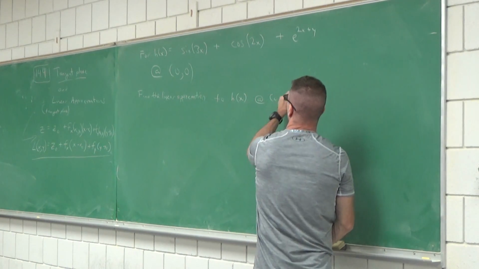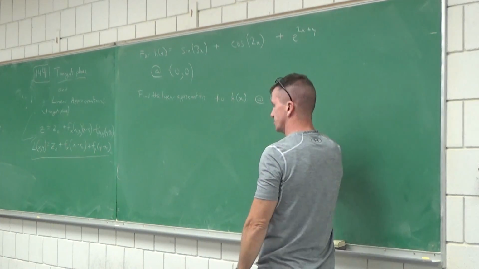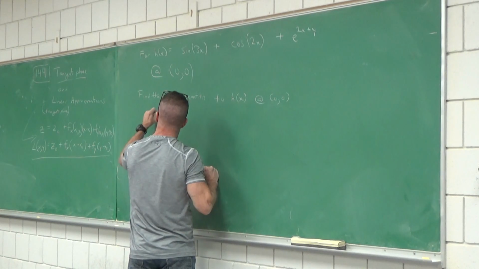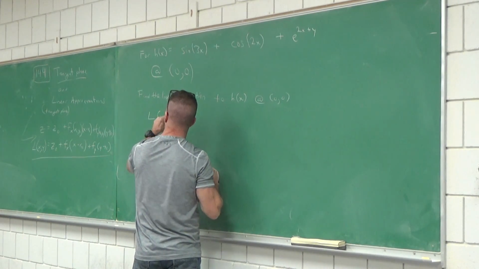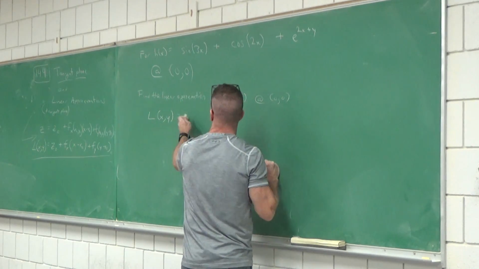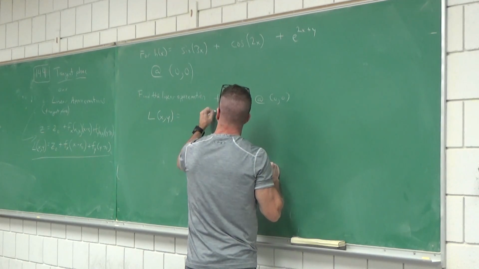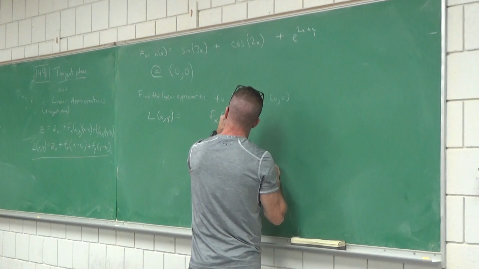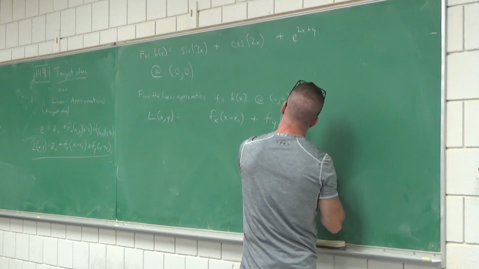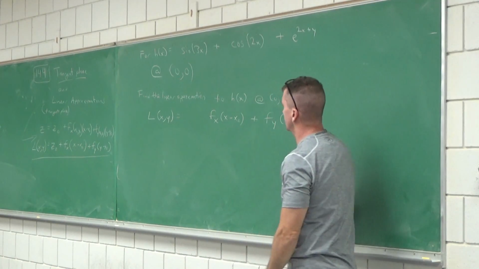0, 0. All right, so I'll write this out. L of x comma y, aka z, equals... I've got to put something there. What did I forget?